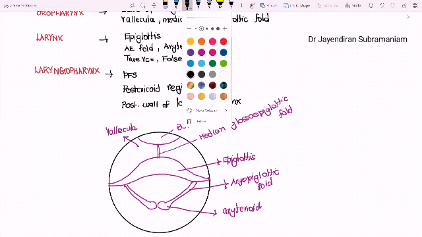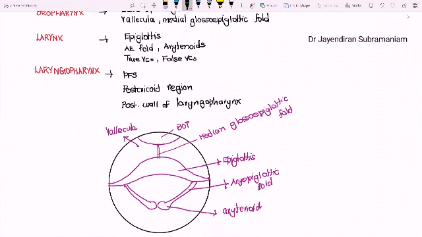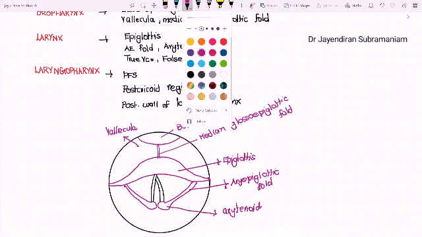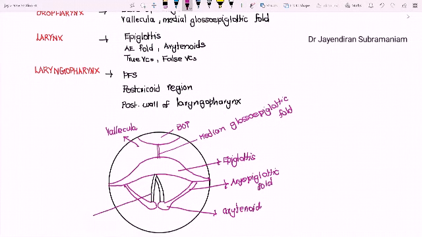Apart from this, we will see the true vocal cord. So this is true vocal cord.